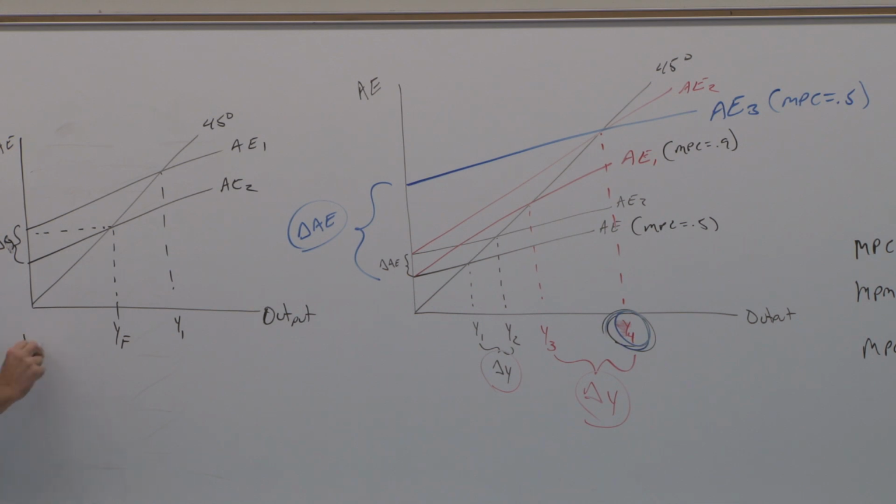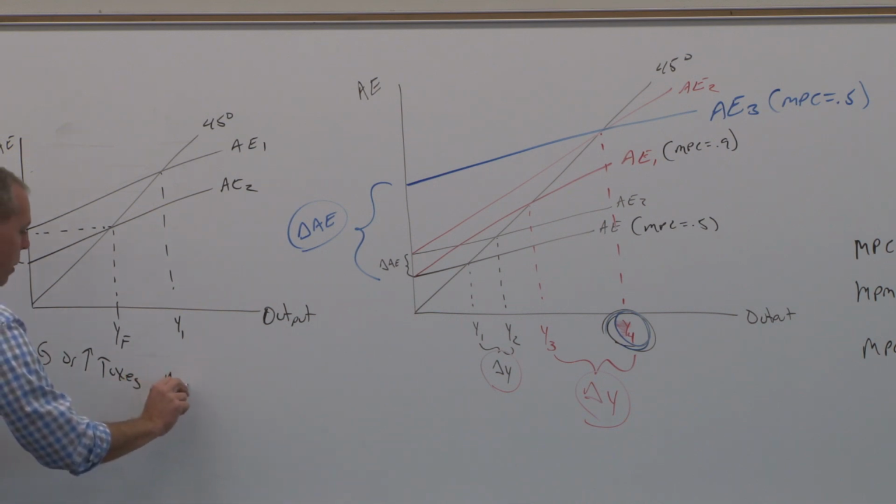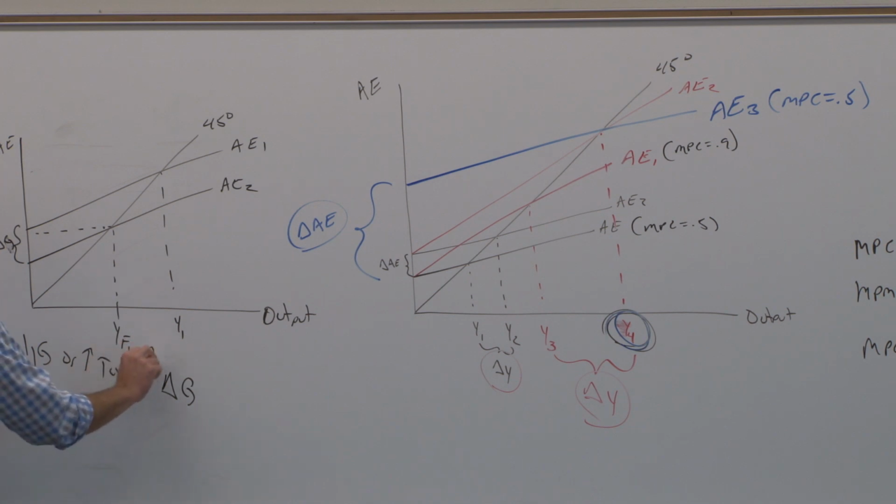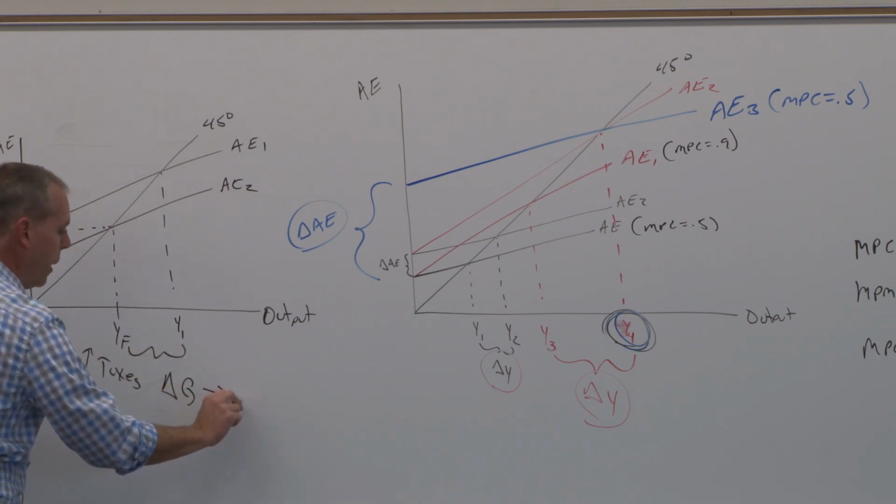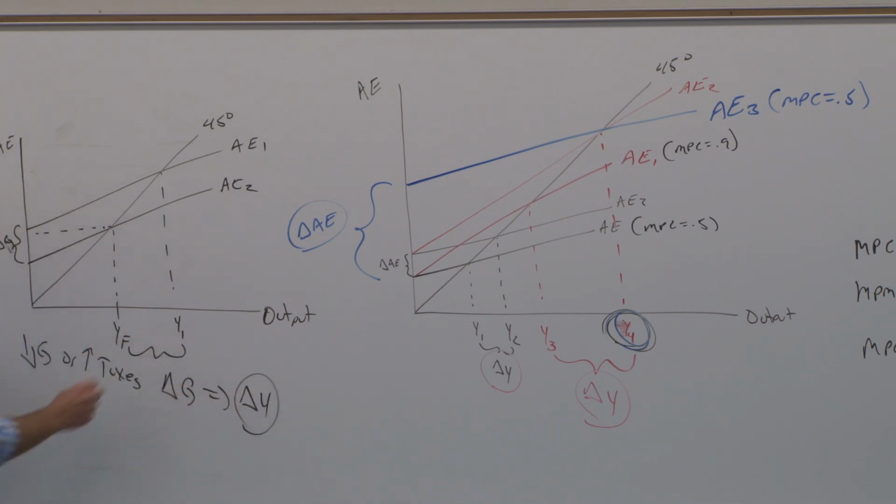Well, you just decrease government spending, right? Or increase taxes by some amount, whatever it is here, delta G. And you can get this delta Y to get you to YF, the full employment level of output. You can just set it like you would your microwave. You just set the clock to be whatever it is that you want it to be.